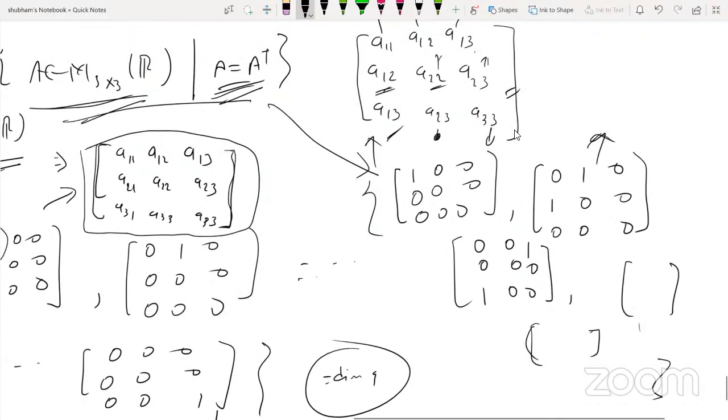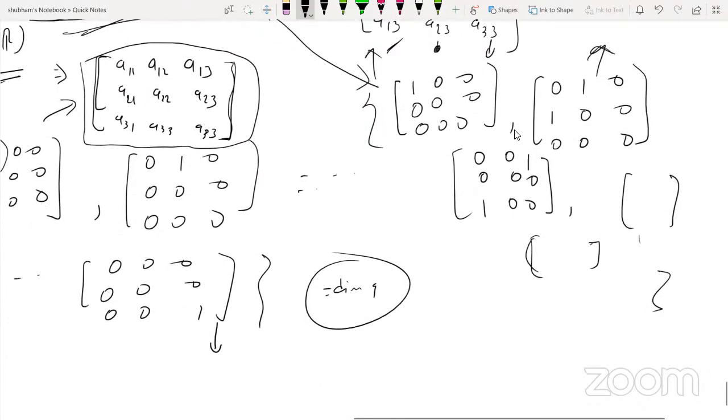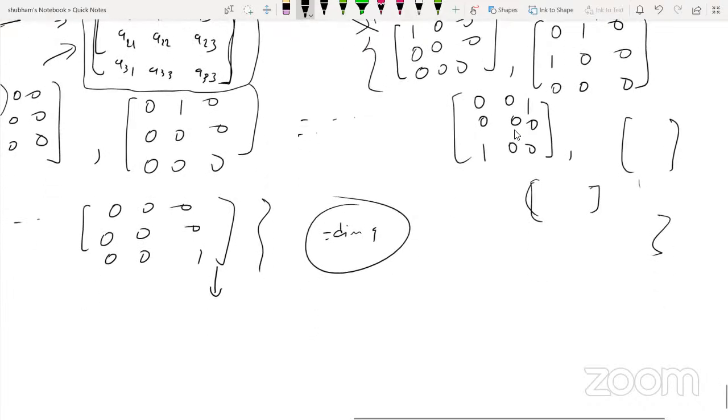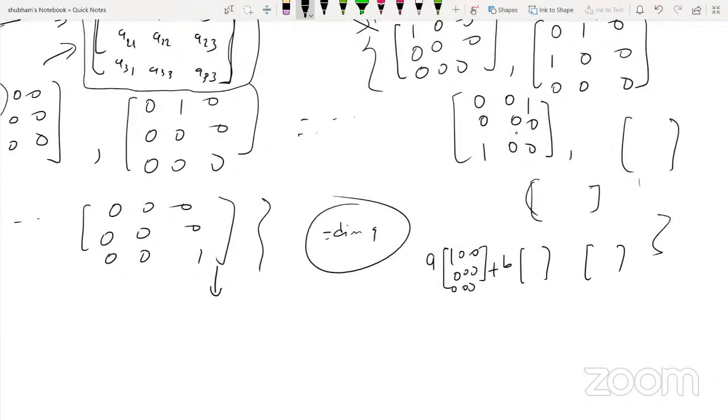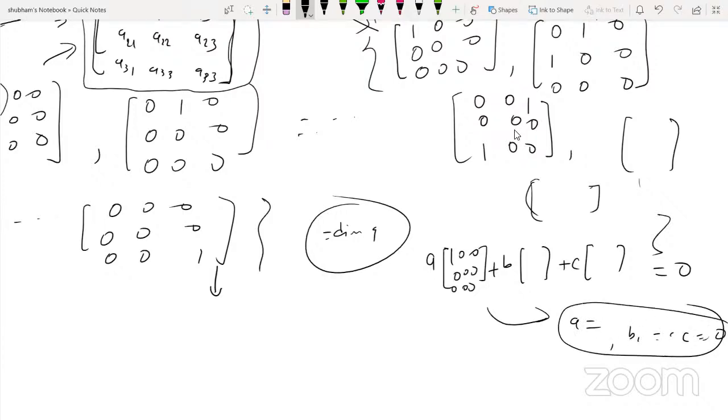No. The best thing for checking linear independence is to take a times the first vector plus b times the next vector plus c times this one equal to the zero matrix, form the system of linear equations and find the values of a, b and c. If a, b, c are all 0, then it is linearly independent. This is the basic definition of linear independence.